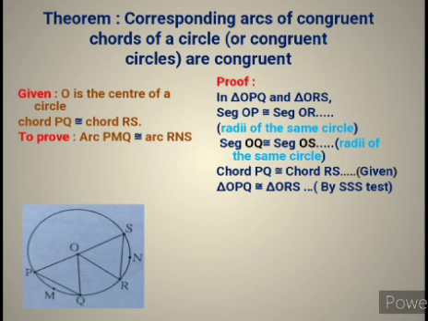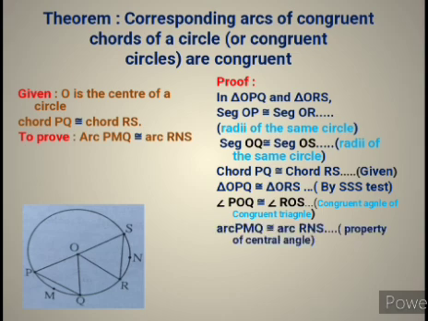Therefore, triangle OPQ is congruent to triangle ORS by which test? Side, side, side. That means the SSS test. These triangles are congruent to each other. Therefore, angle POQ is congruent to angle ROS. Why? Congruent angles of congruent triangles.